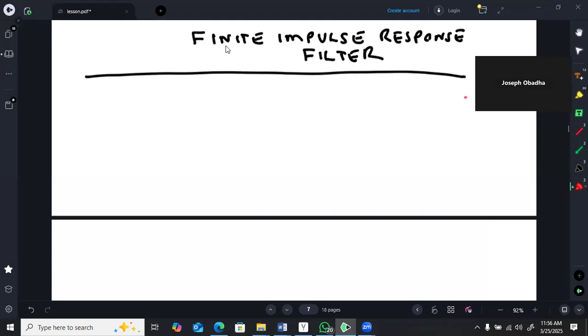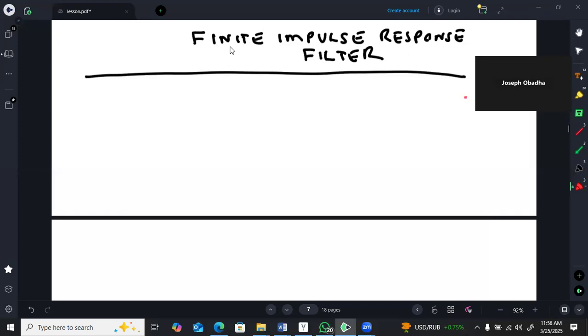We have been discussing the design of the finite impulse response filter, and we had explained what a finite impulse response filter is and some of the characteristics of this filter.